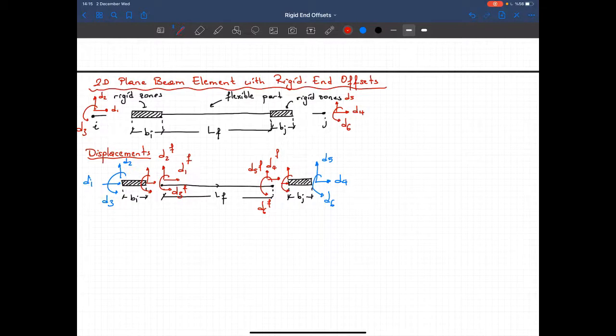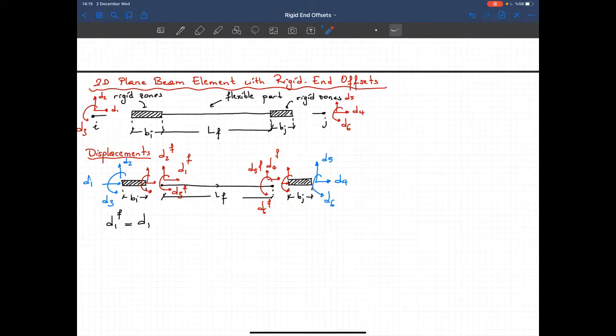Now I'm looking at this figure, and this is what I see. d1f must be equal to d1. Since this member is rigid, this displacement must be equal to that. So that's my first relationship.